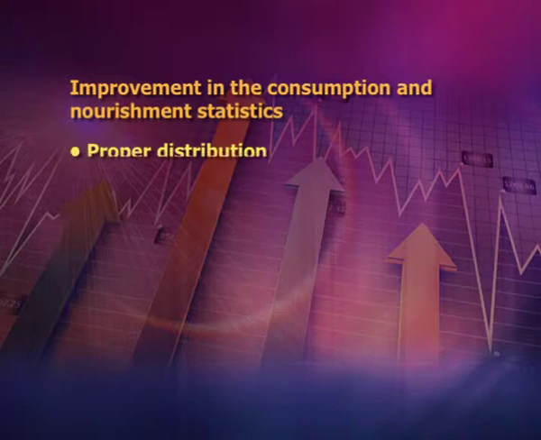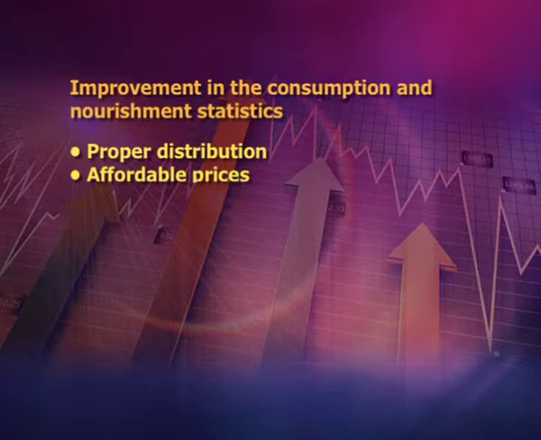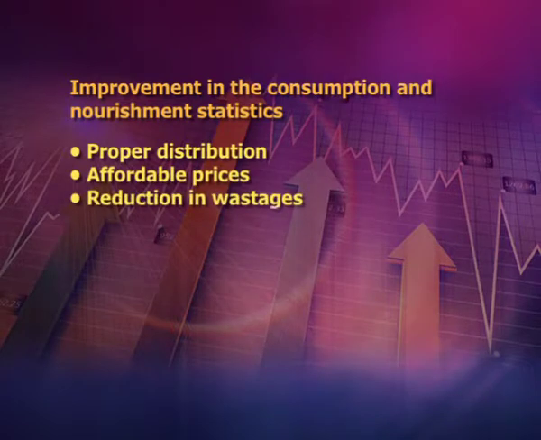The statistics on increase in production indicate a quantitative growth, but dear friends, an improvement in the consumption and nourishment statistics may call for proper distribution of food grains, affordable prices of food grains, reduction in wastages.